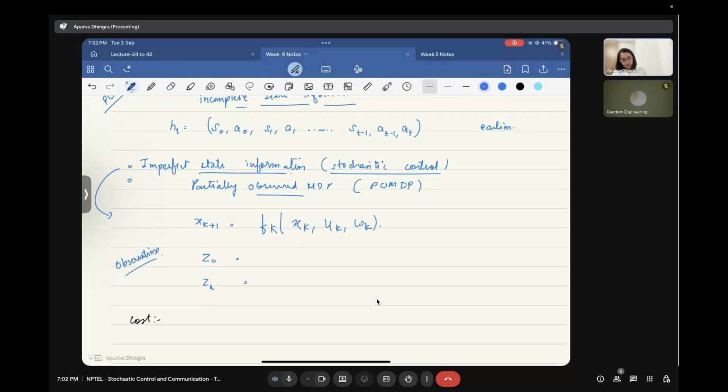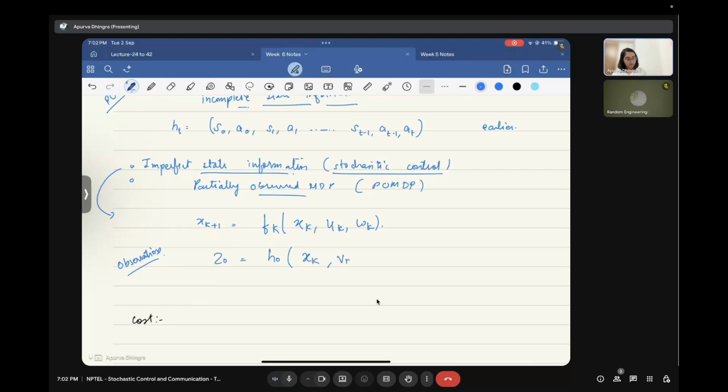So these observations would be some function that depends definitely on the actual state, and some noise.